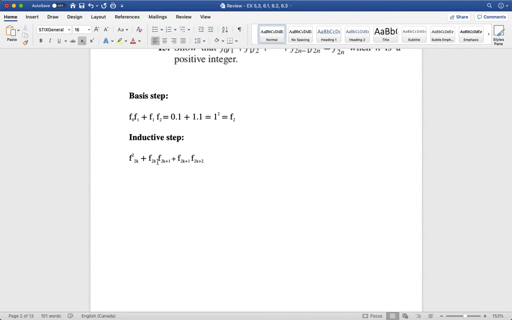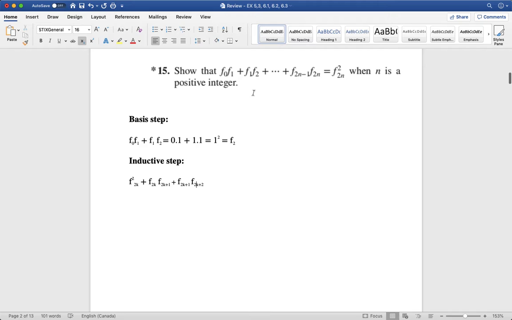Basically we did our inductive hypothesis, in which we assume that this is true, and we have to prove that it is also true for n plus 1. So I'm just writing out that statement here.